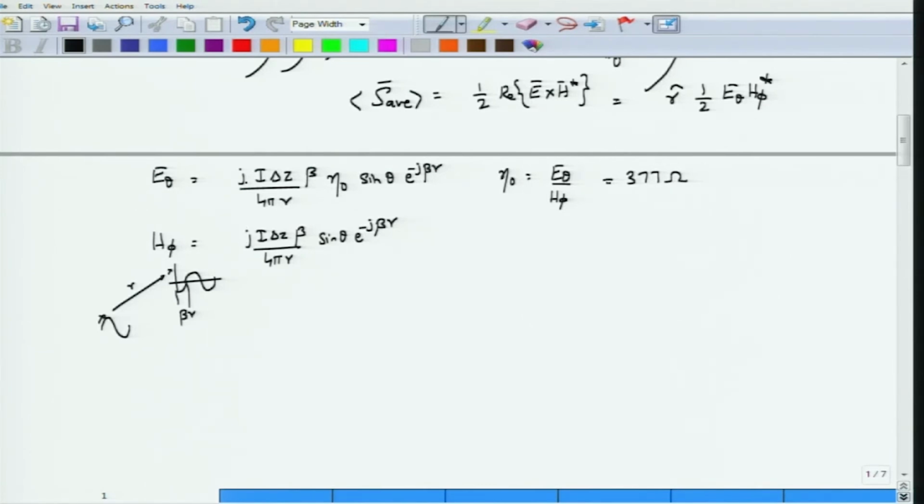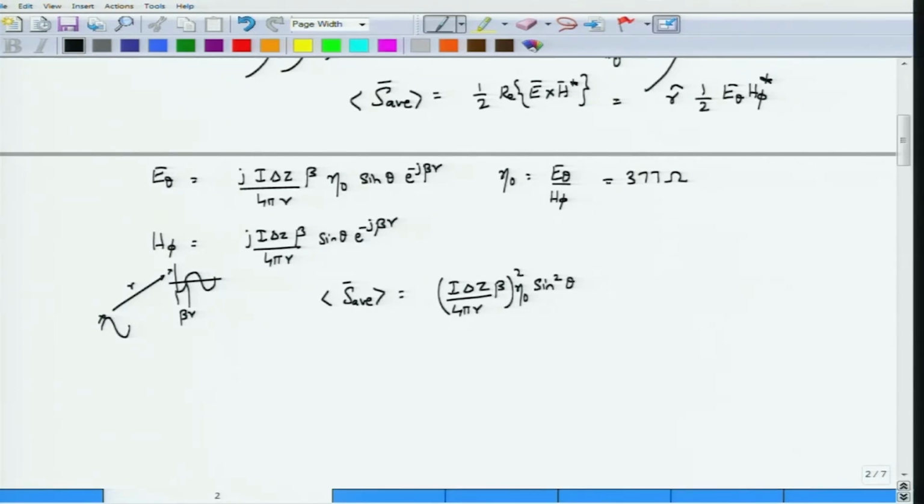So, the power density that you get will be completely real and it would be equal to I delta z beta by 4 pi r whole square, then there is eta 0 sin square theta, and e to the power minus j beta r becomes e to the power plus j beta r because of the complex conjugation, which when multiplied by e power minus j beta r vanishes. Okay. So, this is the power density that you are going to get.